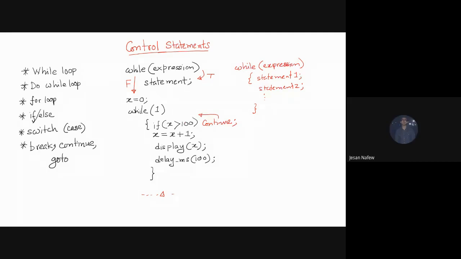Yes, sir. What if we add both continue and break? I don't know, why do you want to do that if there is a situation? Whichever comes first will be executed first, and the other one would not be.